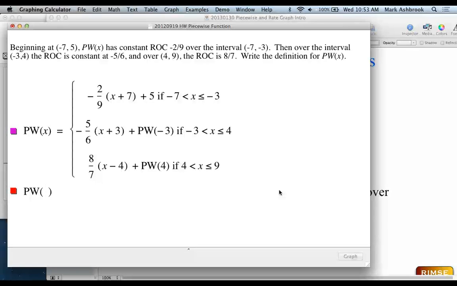In order to calculate this, it's going to go up here. You see? And it's going to get PW4 up here, with what as x? 4. It's PW4. And how's it going to calculate that? It's going to go up here and put -3 into this one. You see?